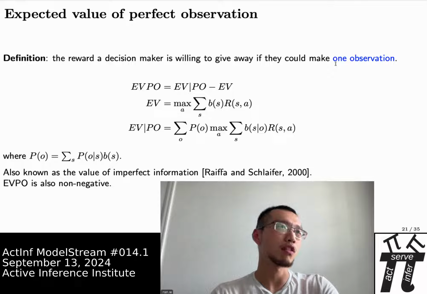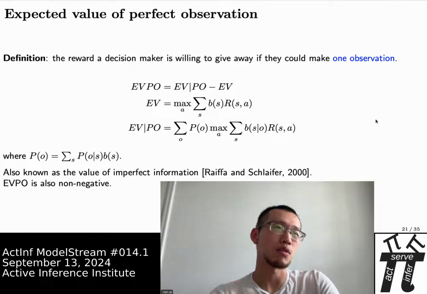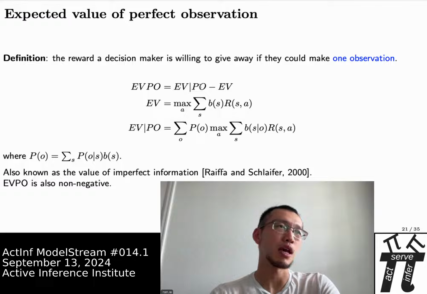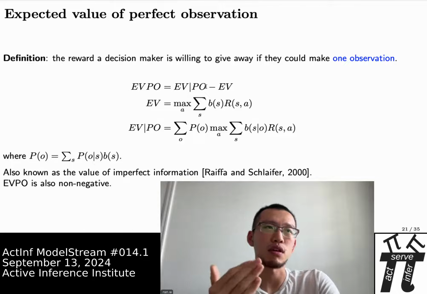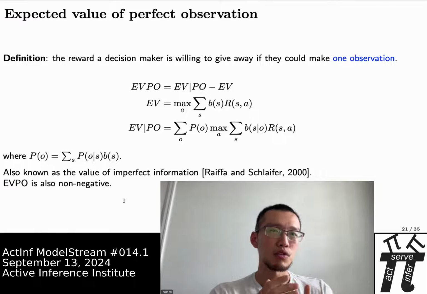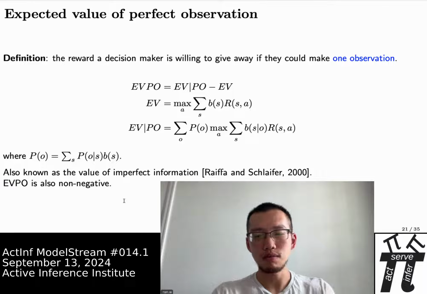I would label it as the expected value of perfect observation, because we can make an observation rather than be given perfect information. This is sometimes called the value of imperfect information in the decision theory literature. The definition, again, is just the difference between the expected value given the perfect observation versus without the perfect observation. And the non-negativity result applies again in this setting.